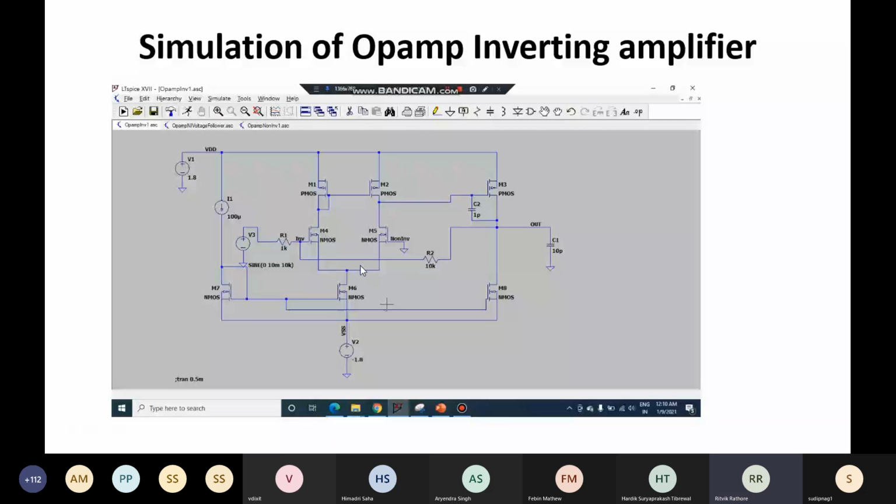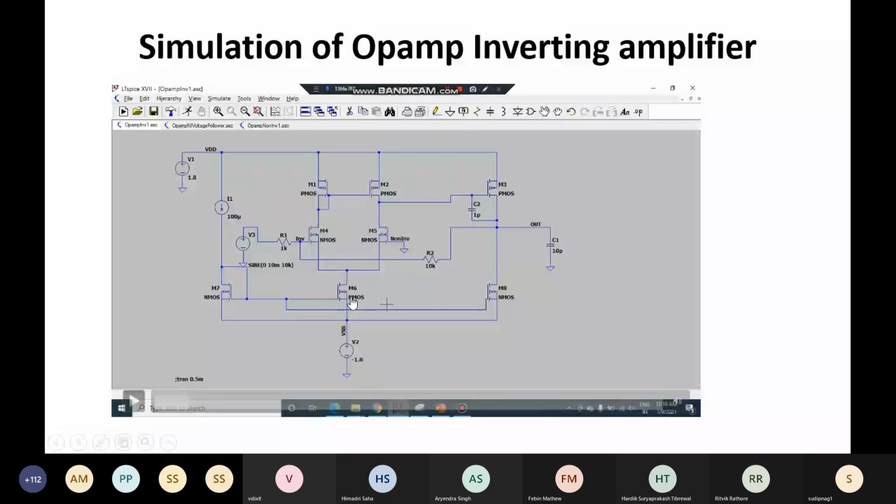This NMOS M6 connected here is working as a tail current source. I could also use an ideal current source here, but since we are designing in VLSI, a current source is fabricated using a MOS transistor.